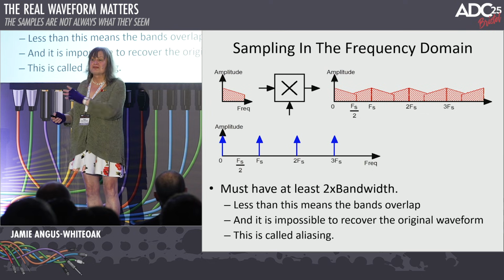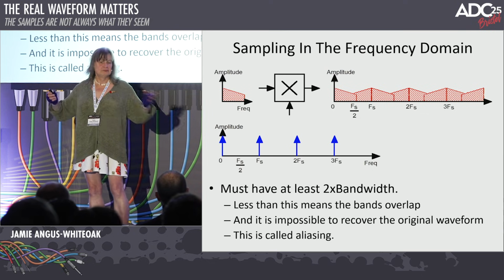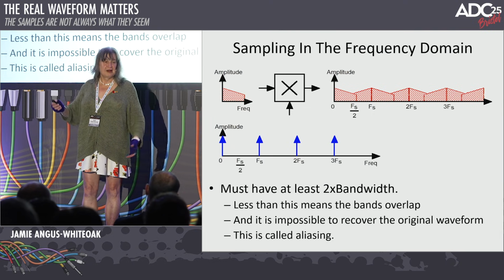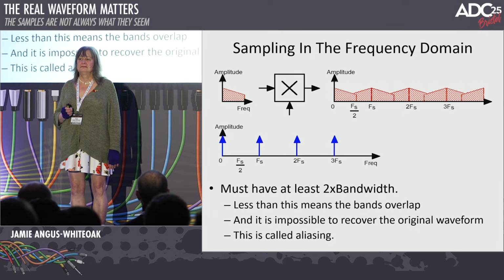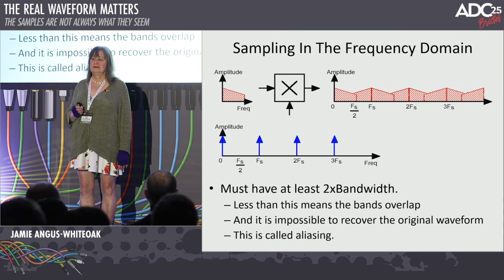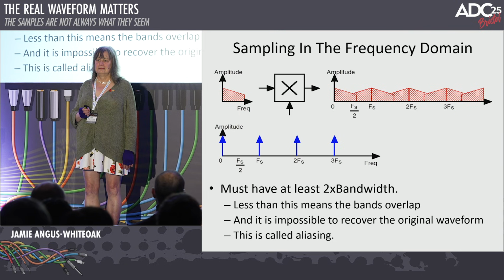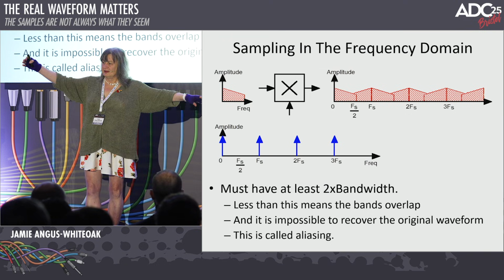Okay, so that was a linear sweep. It should have gone all the way up, and it sounded like a linear sweep, right? So here's an aliased version. And that should have gone up, and then it should have come down again, yes?